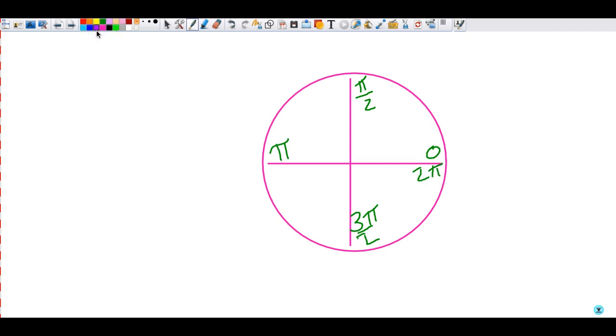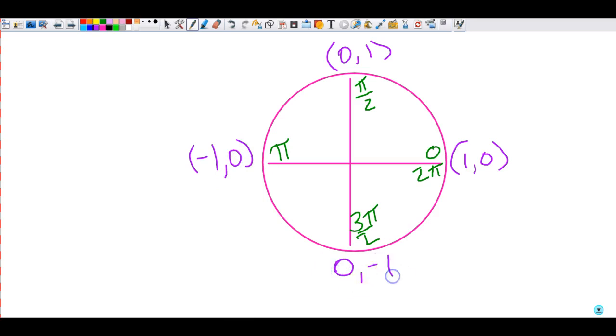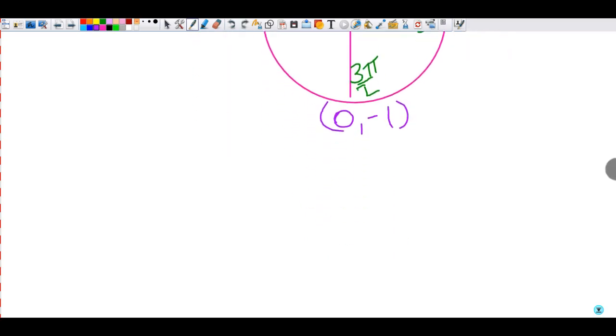And then our ordered pairs, we're not going to fill in the whole thing, but we know that this would be at (1, 0). This would be at (0, 1). This is going to be at (-1, 0), and (0, -1). Okay, so we're going to have this to refer to as we draw these graphs.